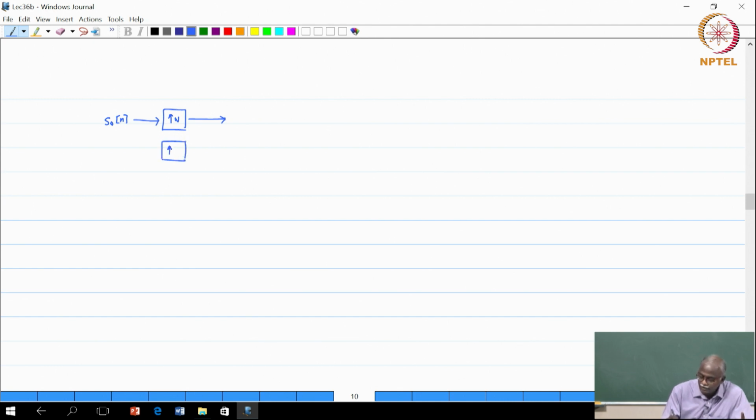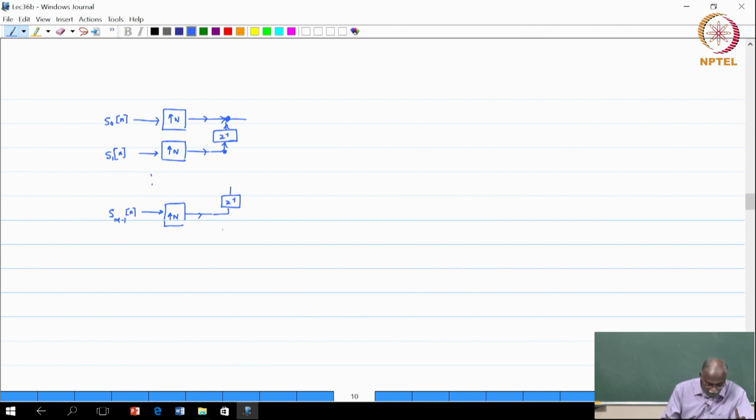The second channel is S1 of n, and likewise we have m minus 1 channels, S m minus 1 of n upsampled by n. All of these will be combined through a delay chain. So this is the summing node, all of them are moving in the upward direction, each of these are summing nodes, and all arrows to the right. This is also going through a delay chain.